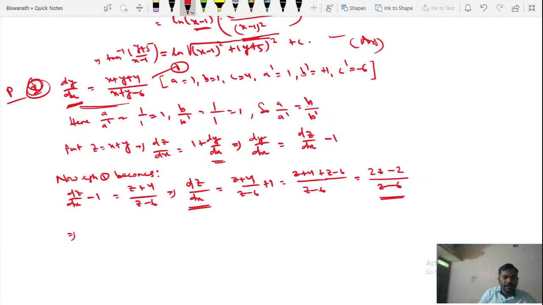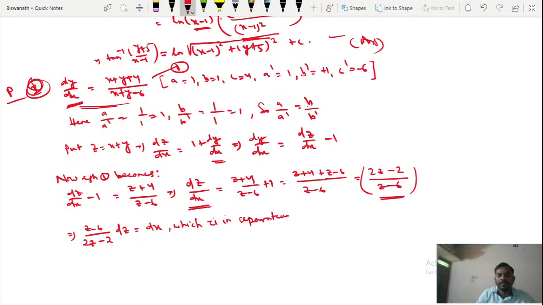If I put these things on the left hand side, that will be (z minus 6) divided by (2z minus 2) dz, and the right hand side is only dx, which is in separation of variable form, because on one side there is the whole variable z and on the other side the whole variable x.